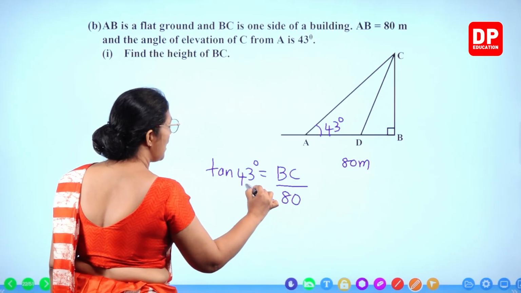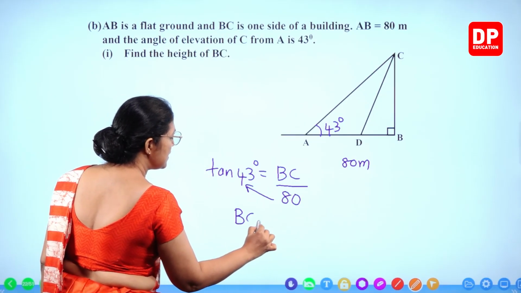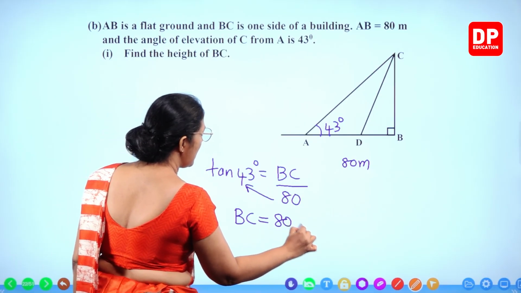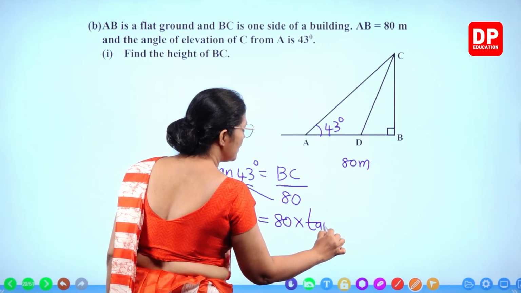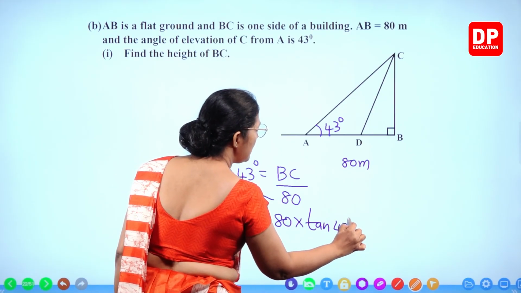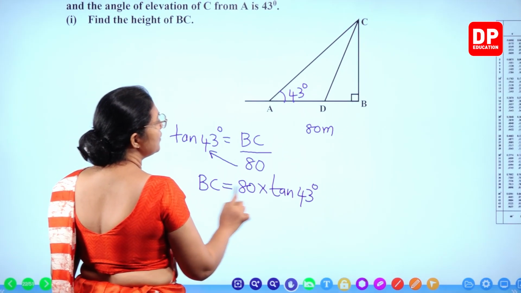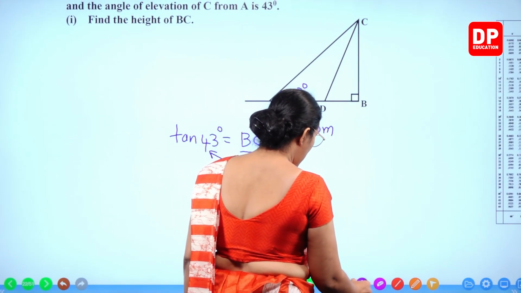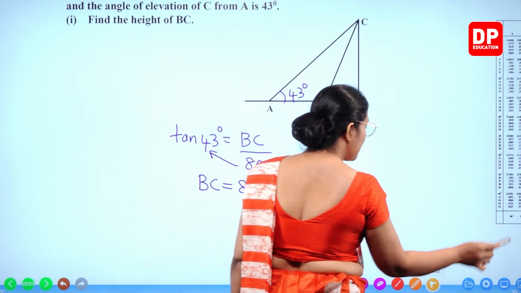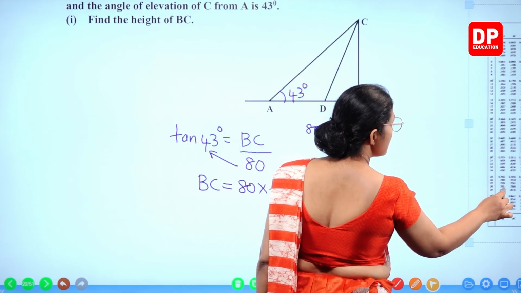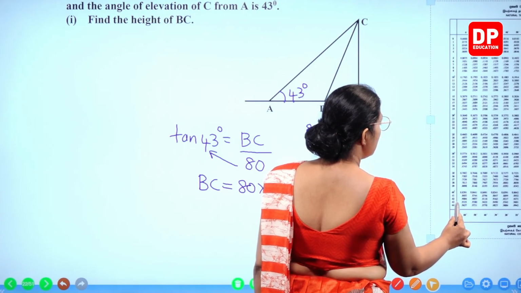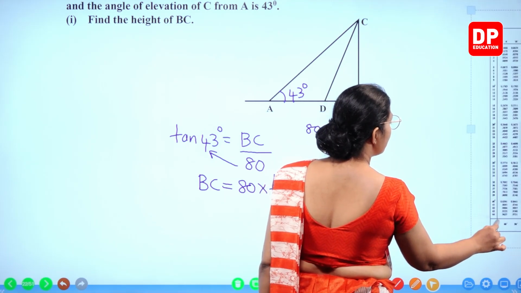And when you multiply by 80, you can get BC value. 80 times tan 43 value. Now you have to refer the tangent table and get the tan 43 value. So what is tan 43 value? Here this is 43. Here 9325.